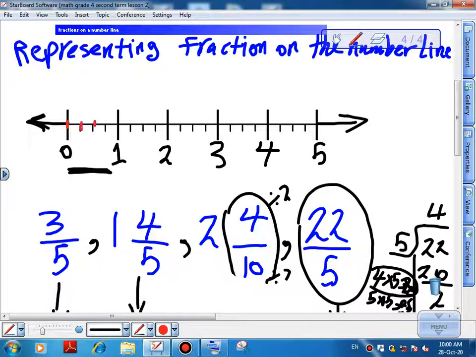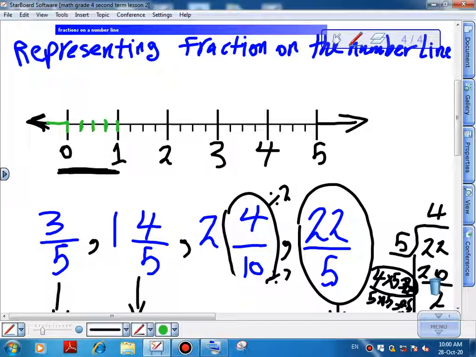This scale may be divided into 5 equal parts, 5 points. 1, 2, 3, 4, 5 parts. So we can divide this scale into 5 equal parts.